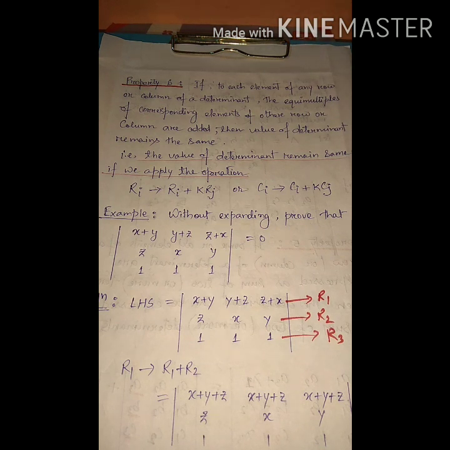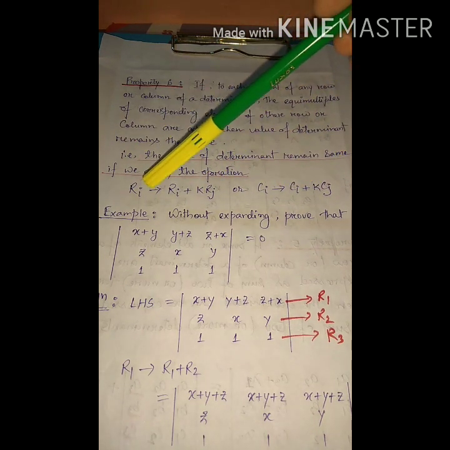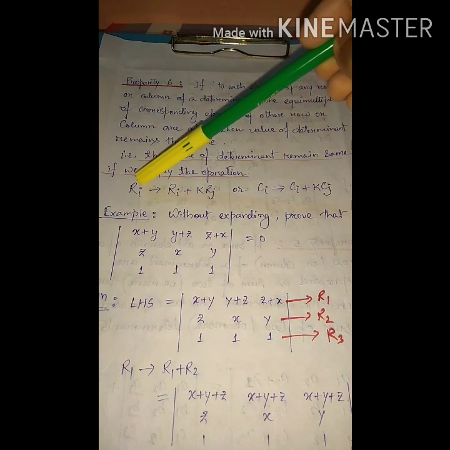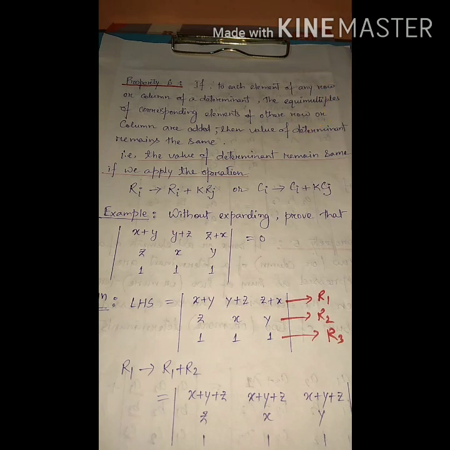Is it clear? That's why the statements are given like this. These statements are also given in your book. So these operations we used in our proof. Here Rij is written because the number of rows may be 1, 2, 3, 4, 5, maybe, so symbolically we use it. Similarly in the case of columns. Is it clear? Okay.